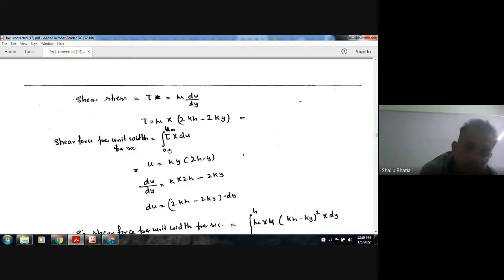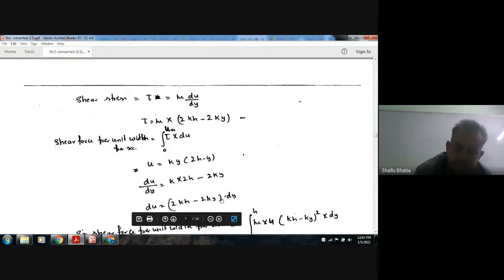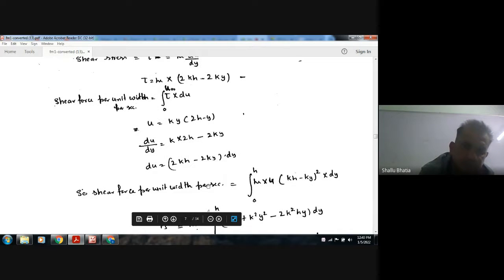If we integrate it, we can get the total shear force. u is ky(2h minus y), so du by dy is this. Putting du equal to this value and changing the limits, as u varies from 0 to its maximum and y varies from 0 to h, we integrate. This is a simple integration: mu k square times the integral of (h square minus 2hy plus y square)... integrating, k square h square y minus k square y cube by 3, putting the limit h.